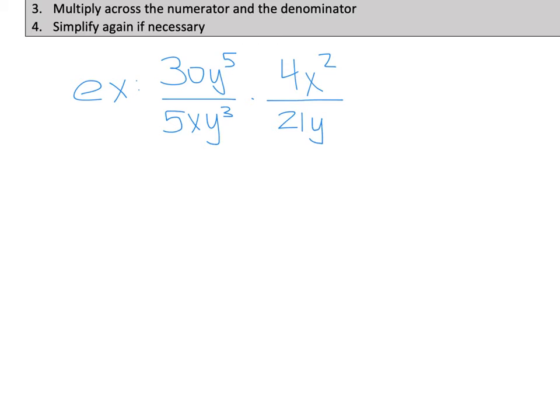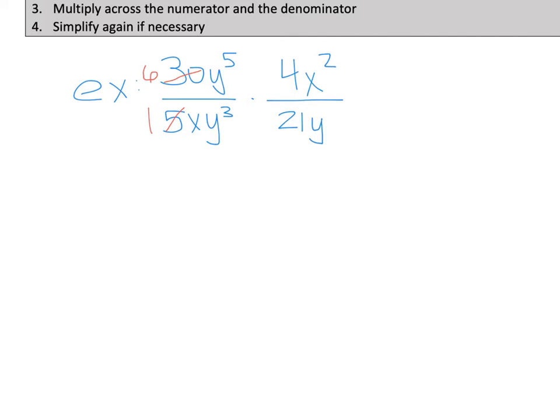Okay, there's nothing to factor in this one, but we are able to cancel some common factors. If we look at the 30 over 5, there's a factor of 5 that goes into both of those. So 5 into 30 gives us 6, and 5 into 5 gives us 1.